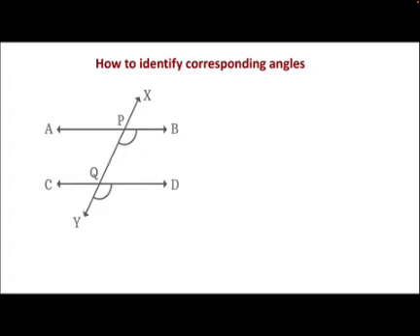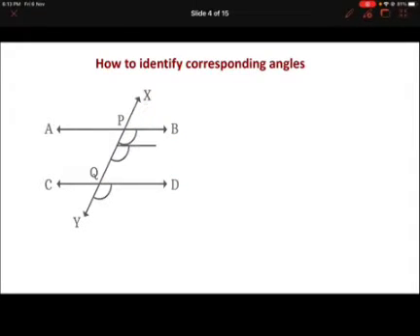One more clue for you is, just look at this shape. This shape is like F. Don't you think it's like F? So, if this is inverted F, then you have one angle here and one angle here.